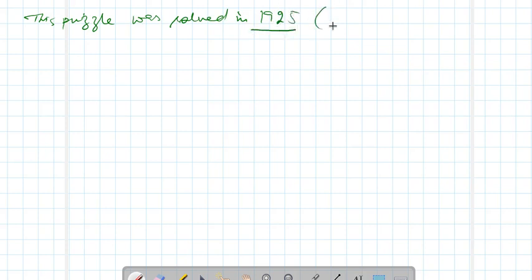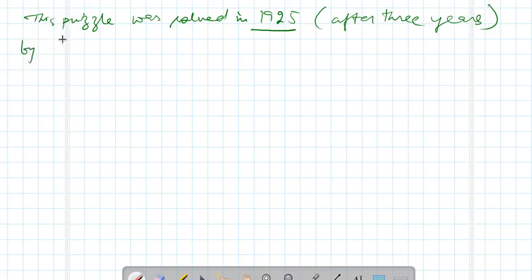So this puzzle was solved in 1925, means after 3 years.